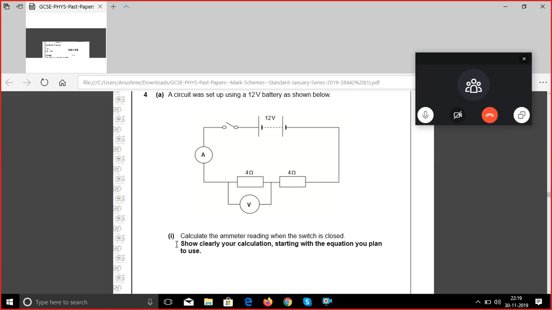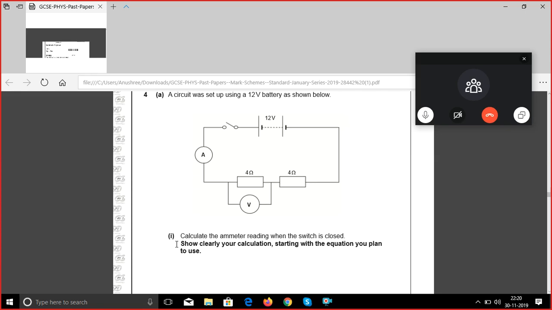Current is denoted by I, and to work out current, I is V divided by R, so voltage divided by resistance.